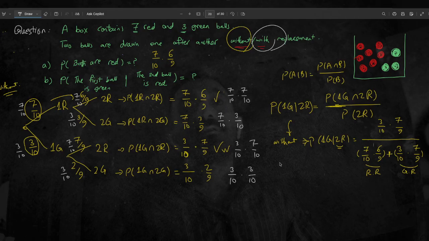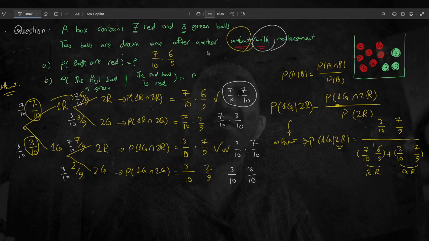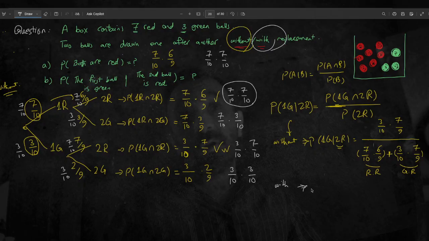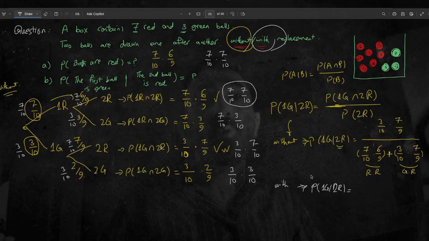Okay, so if I ask you what is the probability of 2 red balls, it's going to be 7 over 10 times 7 over 10. And what is the probability that the first ball is going to be green, given that the second ball is going to be red? Let me write it here. One more time, the white color is for the case of with replacement.